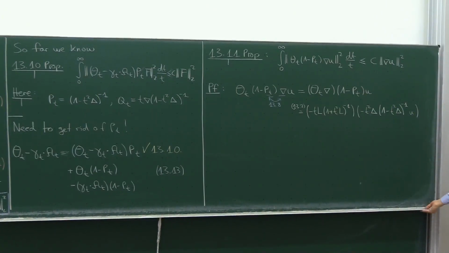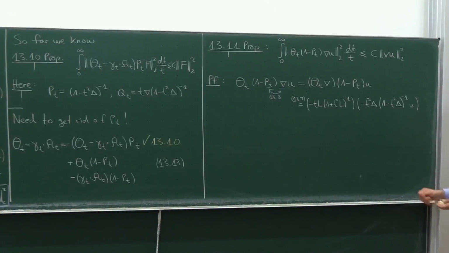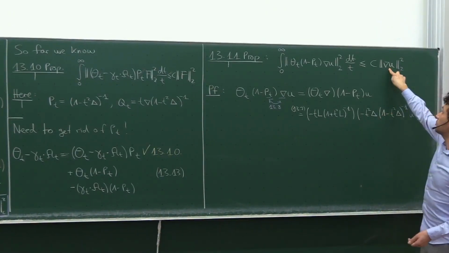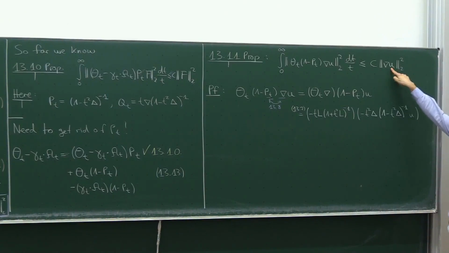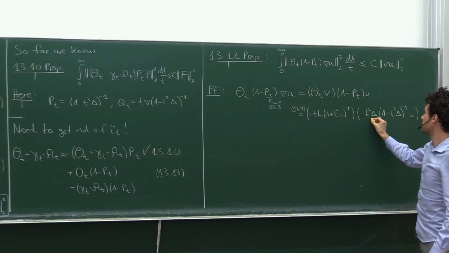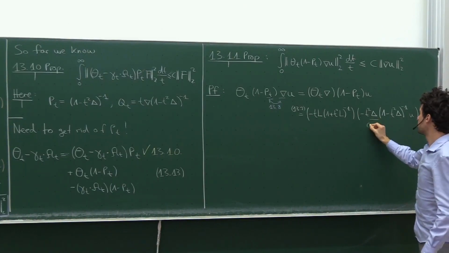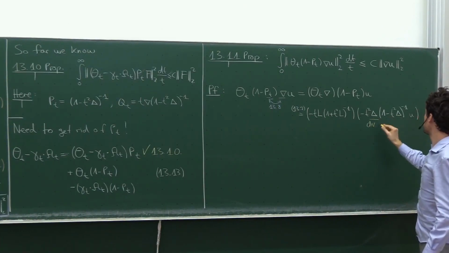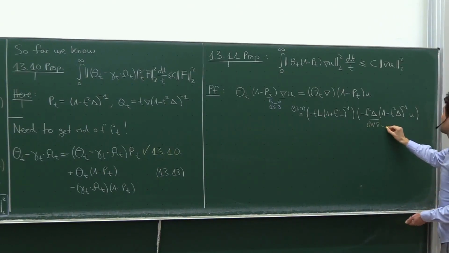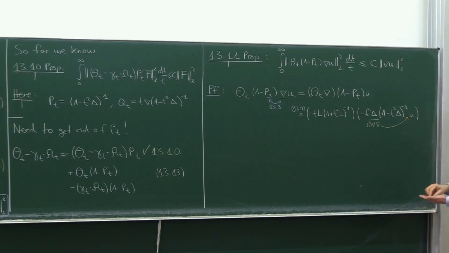Good, so what should I do next? I want to bound the square function by something that involves the gradient. So now I remove the gradient. What I'll do is I write this Laplacian as divergence of the gradient, and then I throw the gradient to the other side.